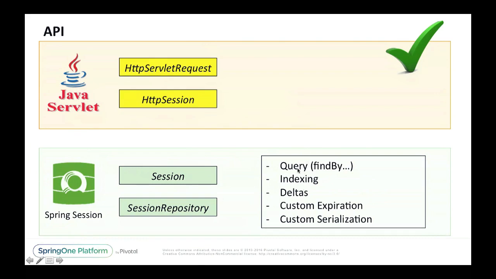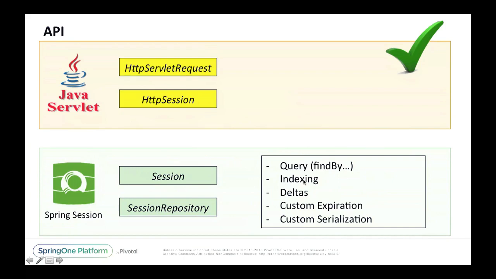Obviously, querying is a big plus. If you're using Spring Session's repository abstraction for your provider, you have a limited capability of querying, but if you want to go deeper, you can tie in directly with Spring Data and start taking advantage of the repository abstraction there, really leveraging your provider under the hood. You can create indexes.